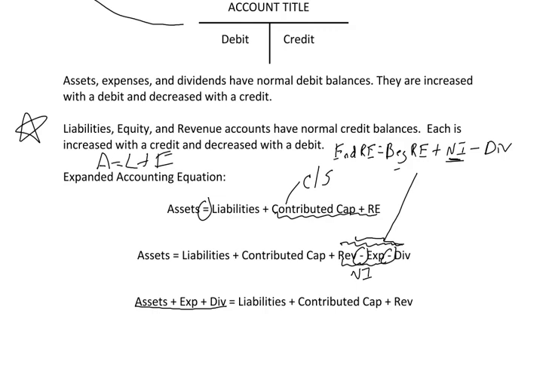That means these over here are our debit balances, and these over here are our credit balances. Their normal account balance is a debit on the left and a credit on the right. So for every asset, every expense, and our dividend account, when we increase it, we will debit that account. And vice versa for liabilities, our equity accounts, contributed capital, and revenue.